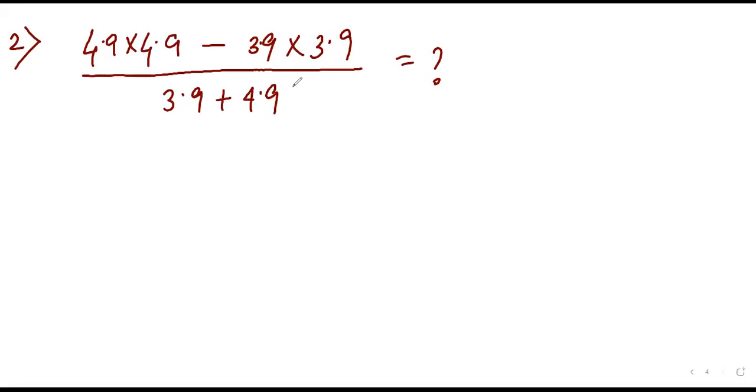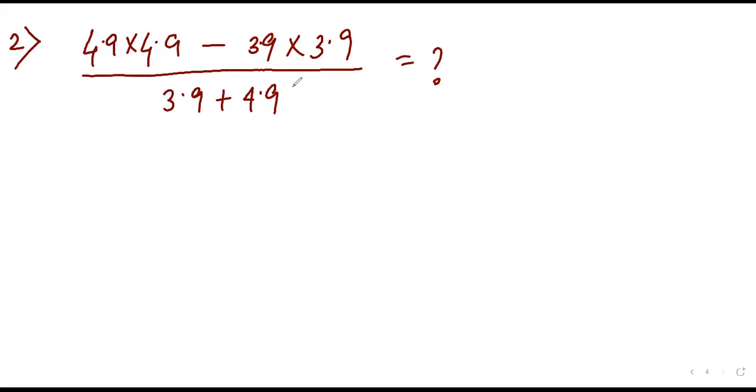So most of the students just try to multiply 4.9 by 4.9 and 3.9 by 3.9. That means 4.9 square and 3.9 square. Though we have to learn and memorize squares of some numbers, right now it is not suitable to use the values of squares of 49 and 39 here.